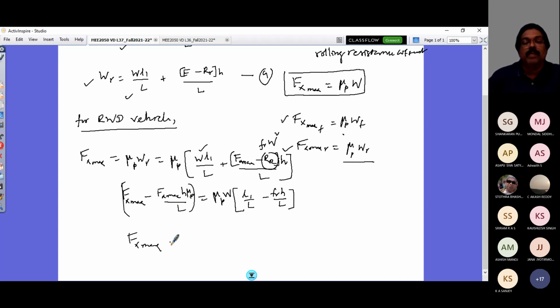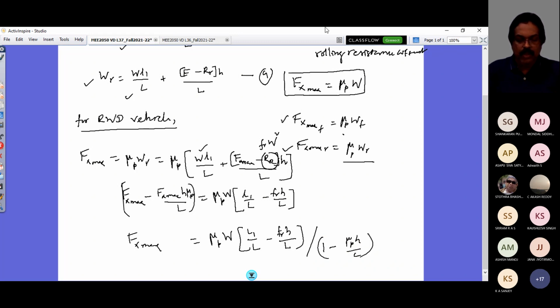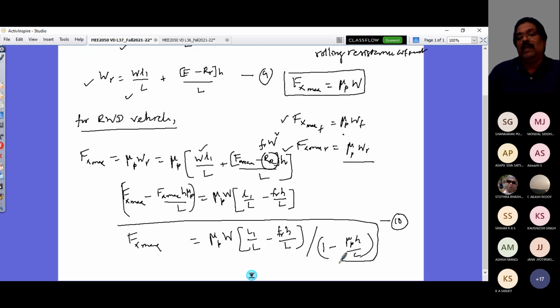So it is going to be mu P W into L1 by L minus Fr H by L, divided by 1 minus mu P h by L. So this is that expression, expression 10, for the maximum tractive effort that can be developed in a rear wheel drive vehicle, right? In a rear wheel drive vehicle.